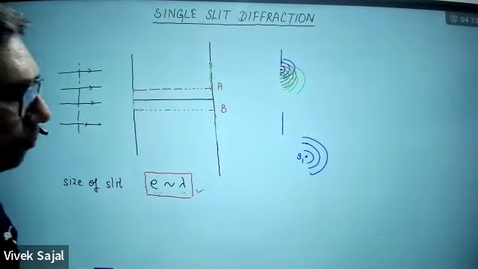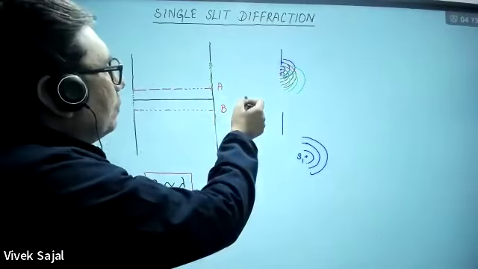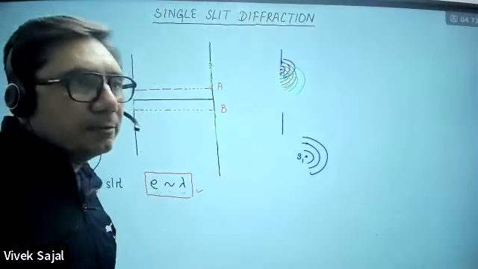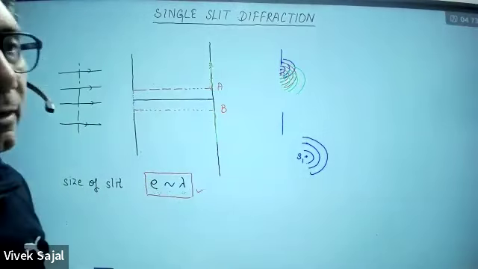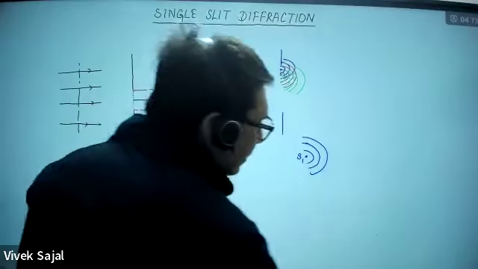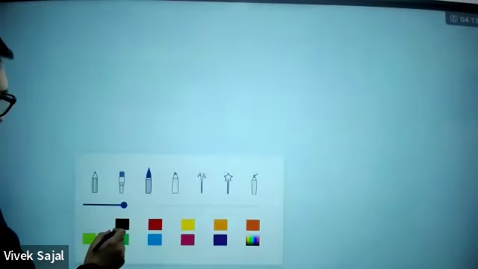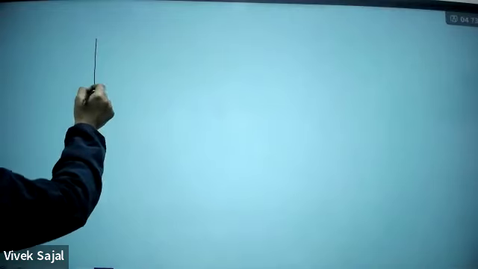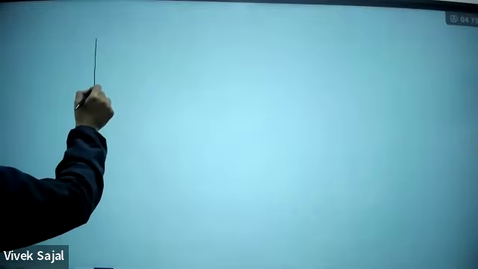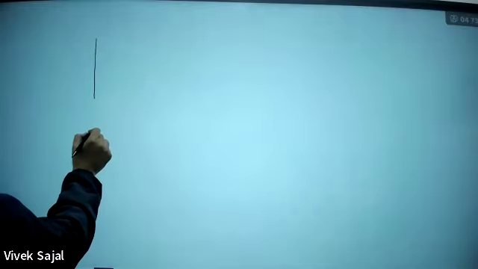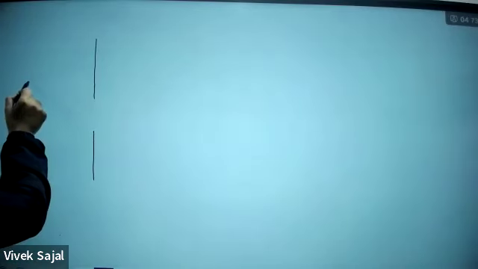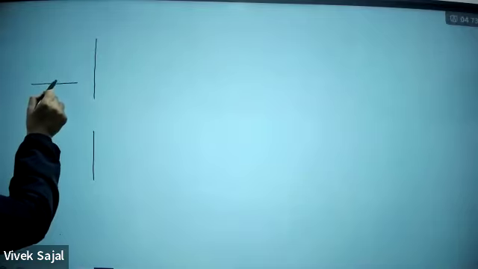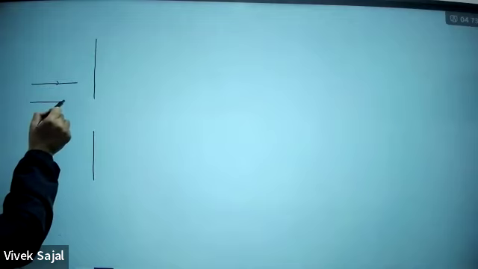Now, mathematically, what type of pattern are we going to get here, what will be the mathematical expression, and what will be the shape of the pattern? Now we will try to understand that. For this purpose, first consider this single slit here. It is illuminated by a planar wavefront.